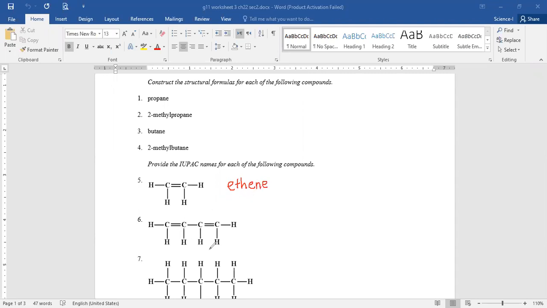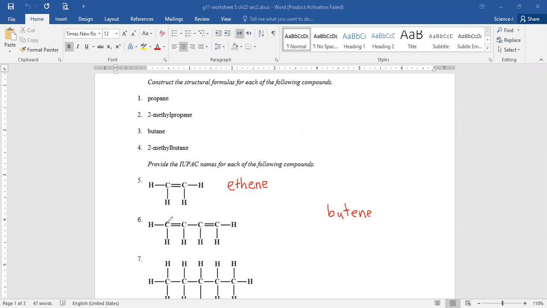So this one here, we have one, two, three, four. So we have four carbons, so we use the prefix but-. As it has double bonds, we add the suffix -ene, so butene. Then we need to determine the positions of the double bonds.